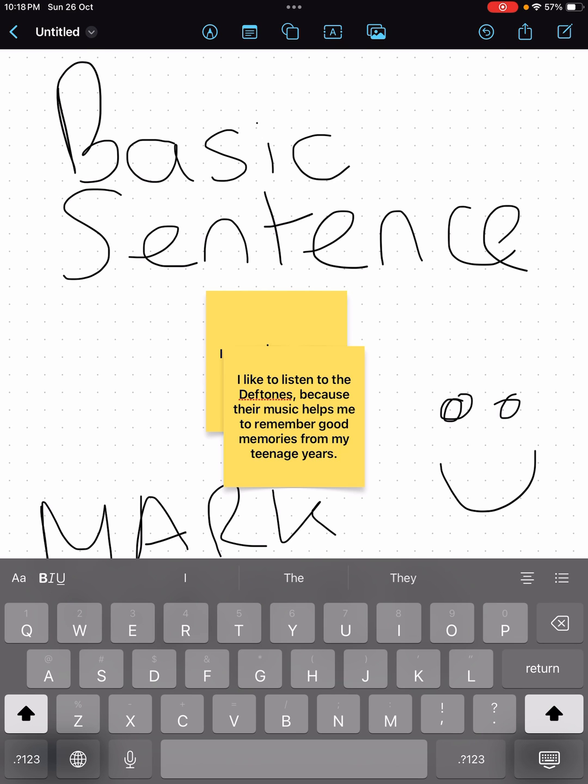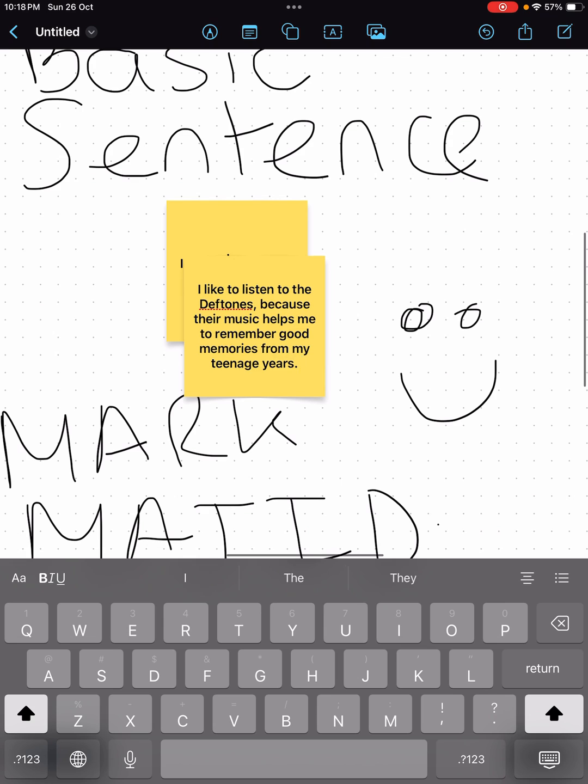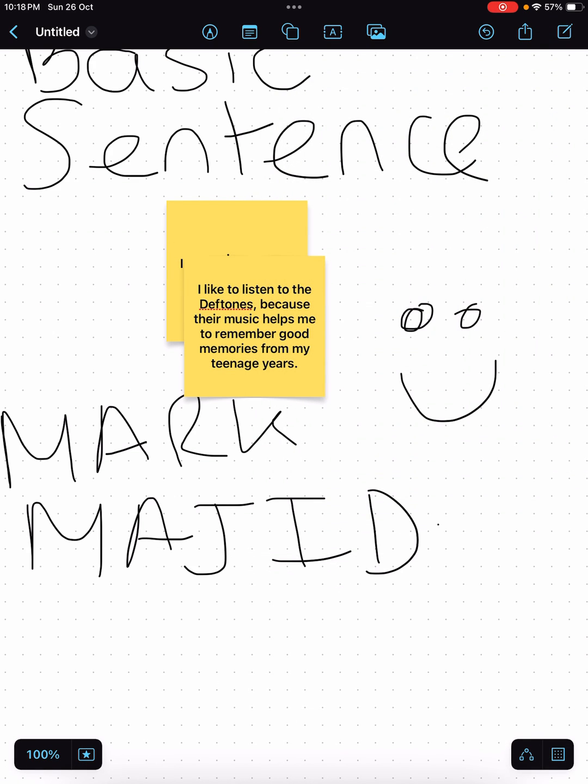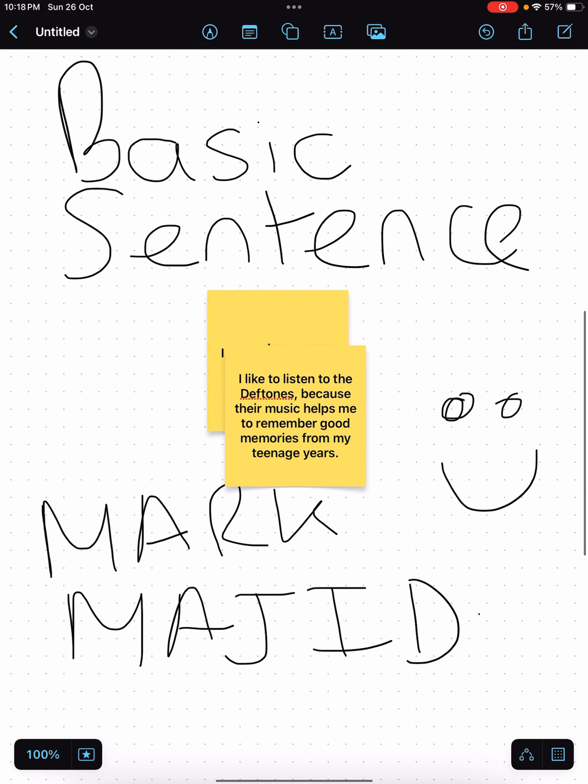This is a complete basic sentence. Okay, so let's look at this. I like to listen to the Deftones because their music helps me to remember good memories from my teenage years. Right? Okay. So this is a basic sentence.